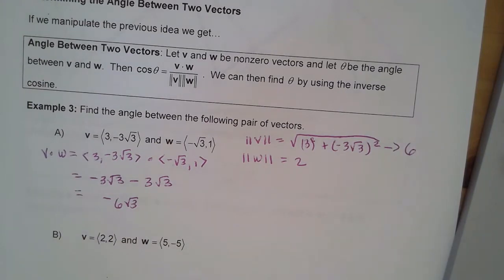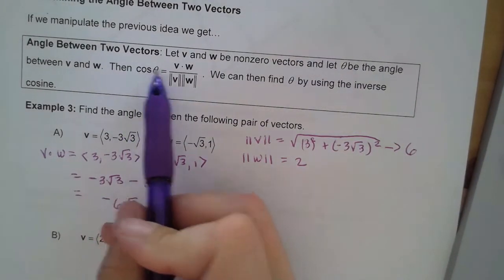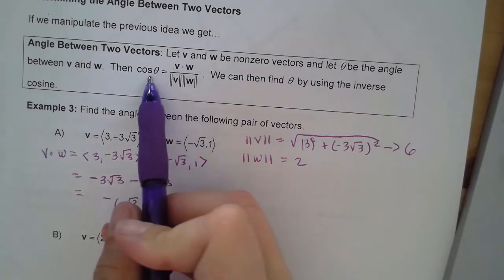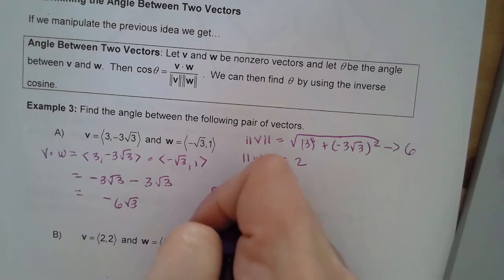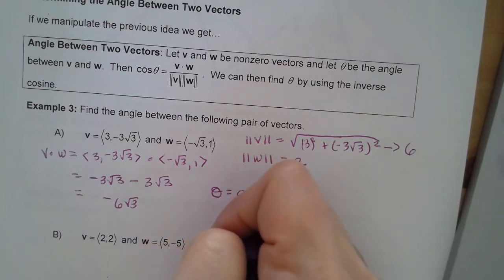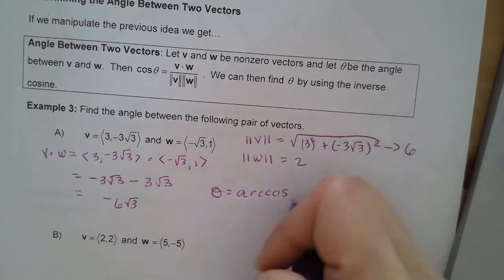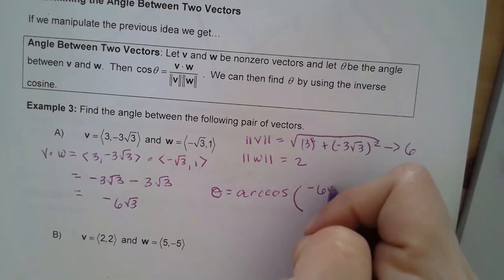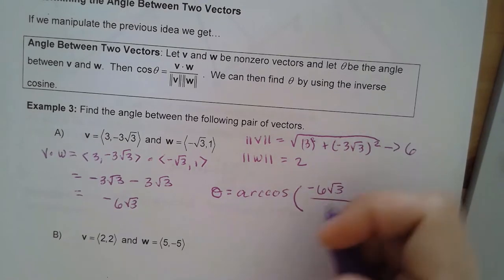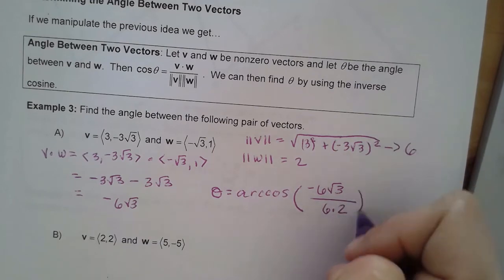Now we have all our parts, so we can put this into our formula. I'm not going to write cosine theta, because we're still going to take the arc cosine. So theta equals arc cosine, or inverse cosine, of negative 6 square root of 3 over 6 times 2.